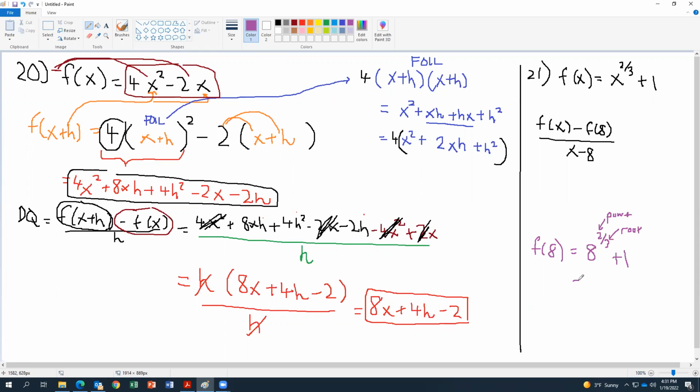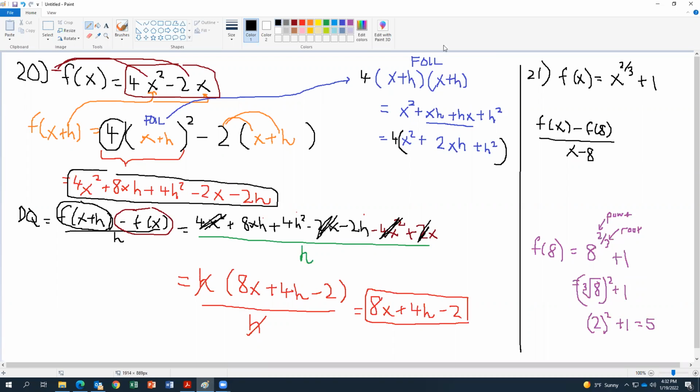So this is actually the cube root of 8 because 3 is in the denominator, and then you square it. Then you add 1. So when you have 8 to the power of 2/3, the 2 is the power, the 3 is the root. Cube root of 8 is 2. When you square it, this becomes 4. And when you add 1, this is 5.